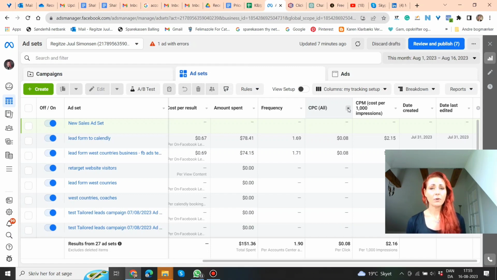Also, if you have a boring ad creative, Facebook penalizes anybody who posts a boring creative, even organically, by not giving it much reach.